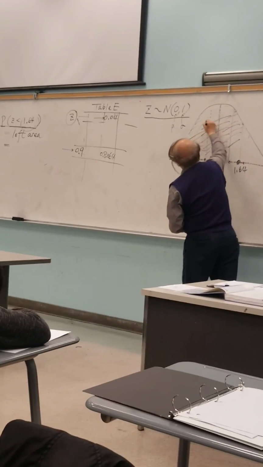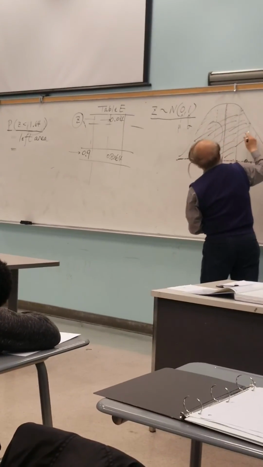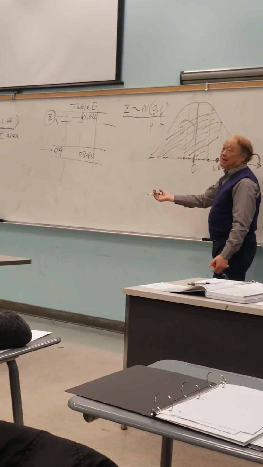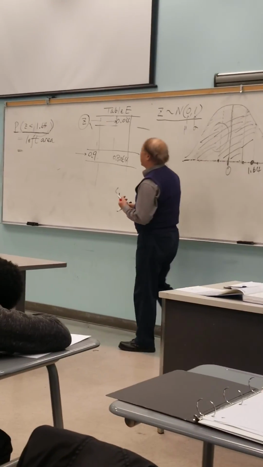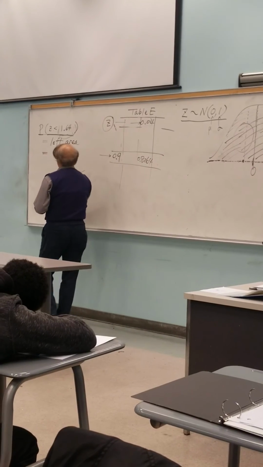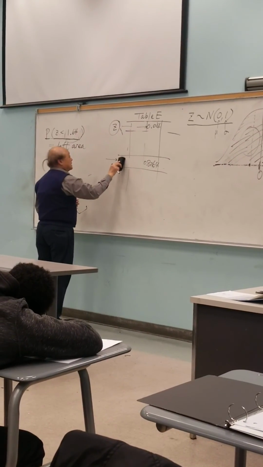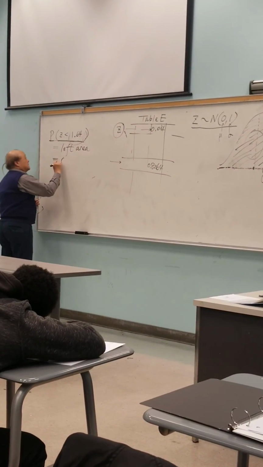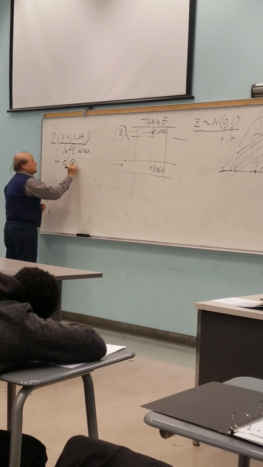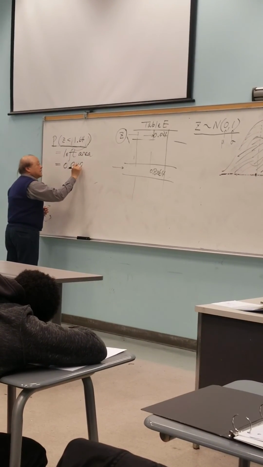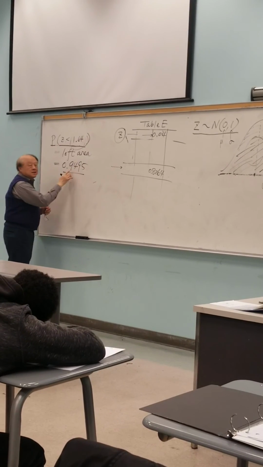Why? Because this is half, and this is more than half, of course. Now you give me the exact answer. 0.949. Okay, is that correct?